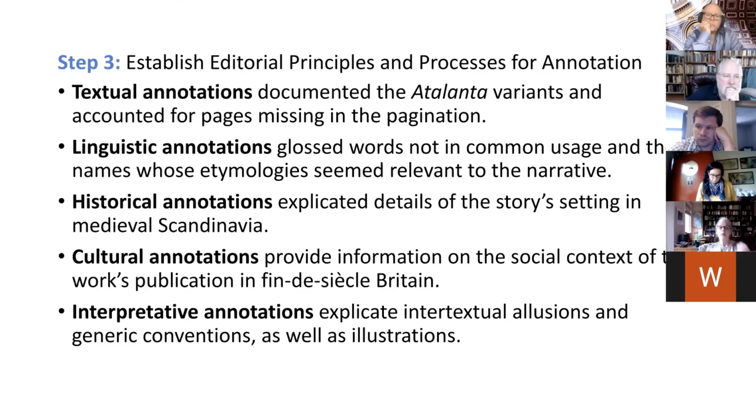So we took up the five preset filters: textual, linguistic, historical, cultural, and interpretive annotations, and we explicitly defined them for our purposes. And this is necessary, especially in a collaborative edition, because otherwise people interpret these categories differently. And we needed to be more or less in lockstep in our application of the filters.